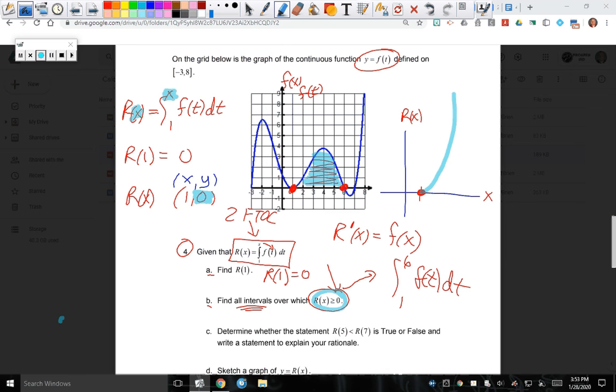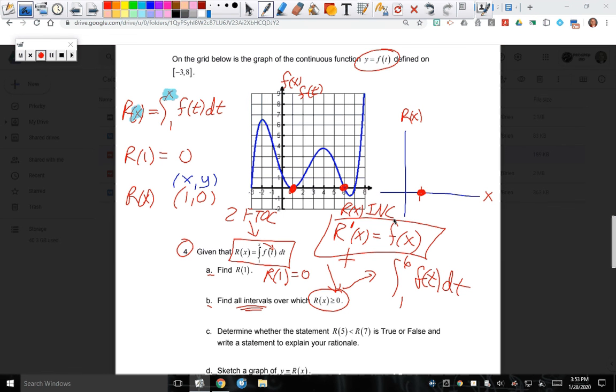You with me? Another way that you could see that, the way that I would see this, would be if r prime of x is equal to f of x, and I know that when r prime is positive, that means r of x is increasing. You see what I'm doing?